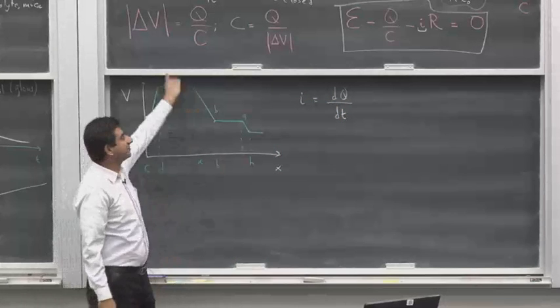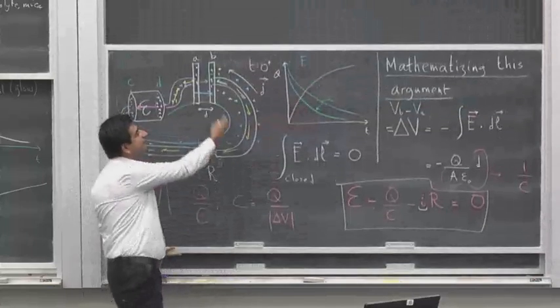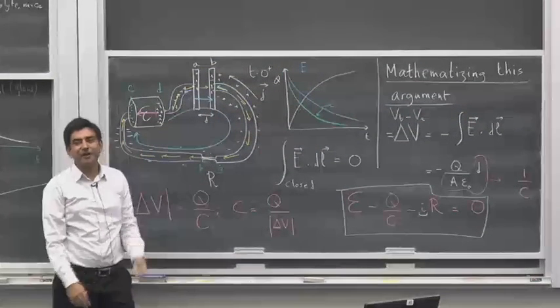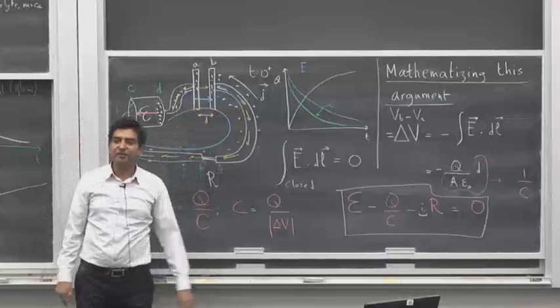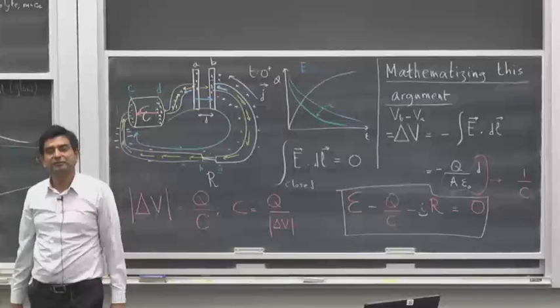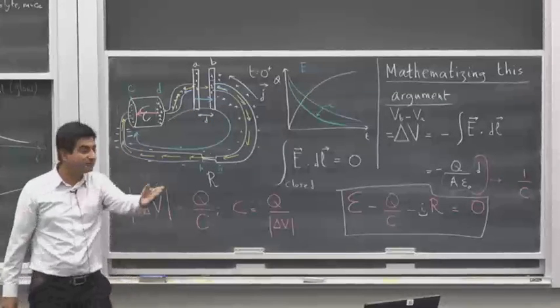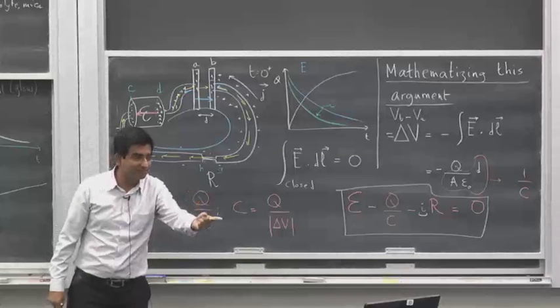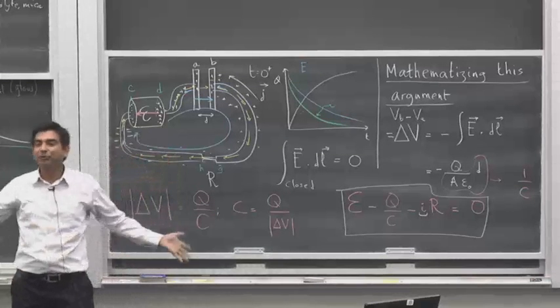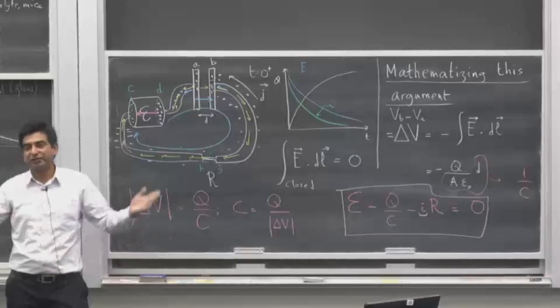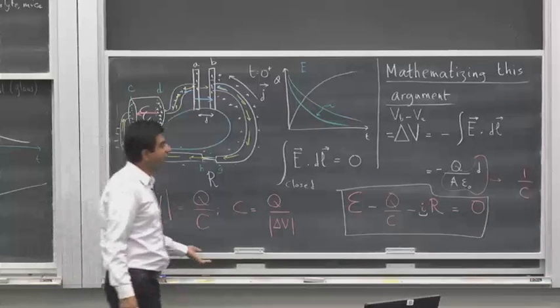But then you might ask me the question, if current is flowing and charge is building up, and I've argued that the current is continuous, how is the current flowing through the gap of the capacitor? It's the changing electric field which is on equal footing as a current, as a conduction current. This is Ampere Maxwell's law.